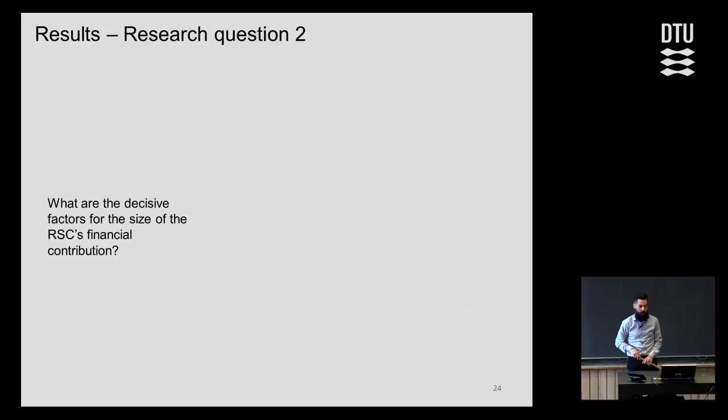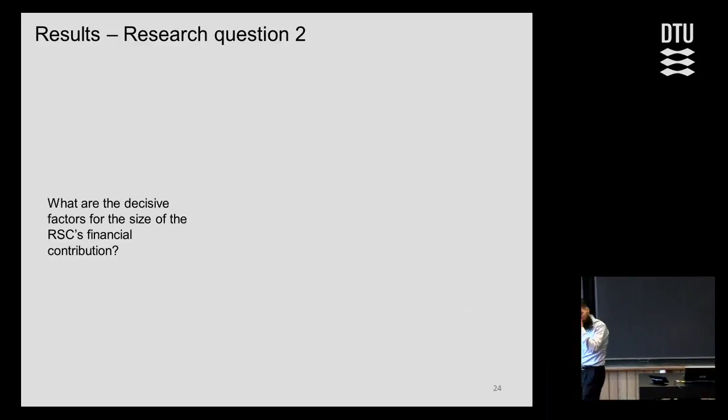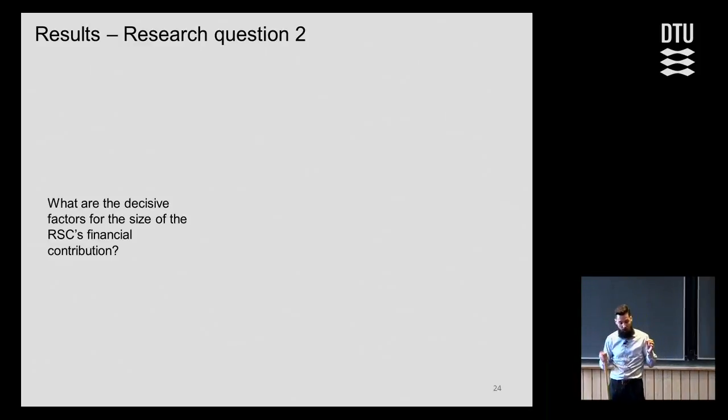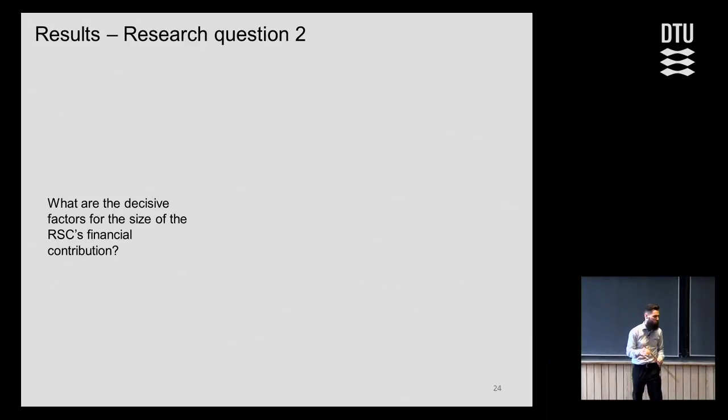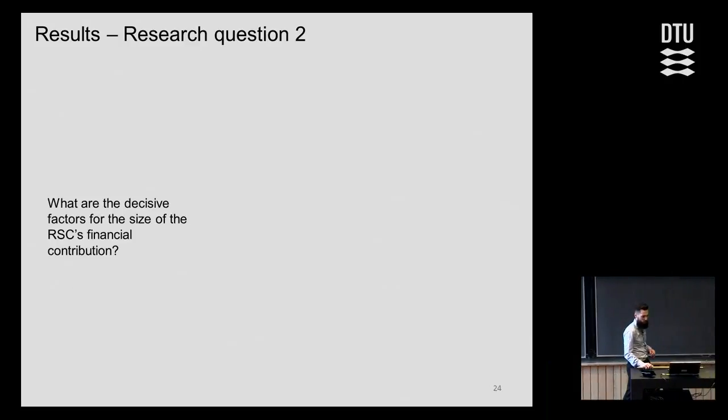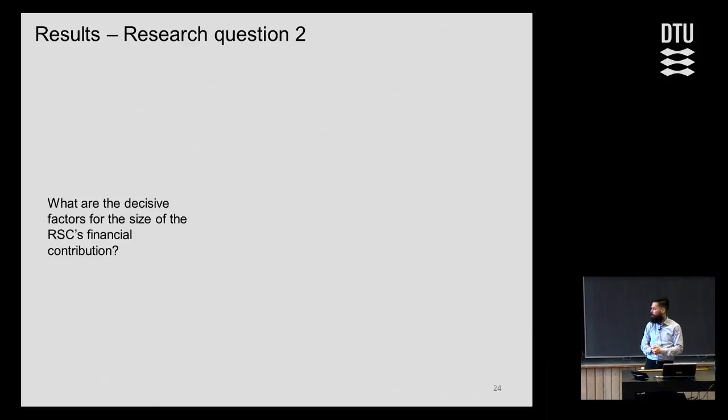Second question: what are the decisive factors for the size of the reverse supply chain's financial contribution? Now we imagine that the firm is implementing some of these ways that they can increase their bottom line profit. So the question emerges, what are the factors that are decisive for whether that is a smart thing to do or not?